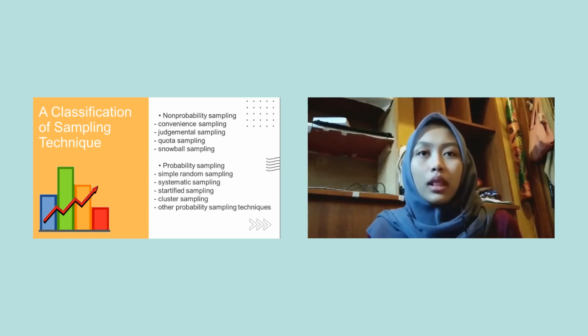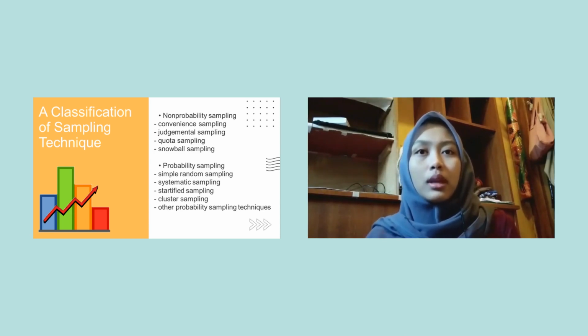Then a random sample of clusters is selected based on a probability sampling technique such as simple random sampling. For each selected cluster, either all the elements are included in the sample or a sample of elements is drawn probabilistically.